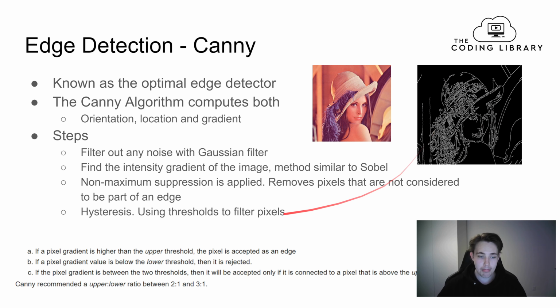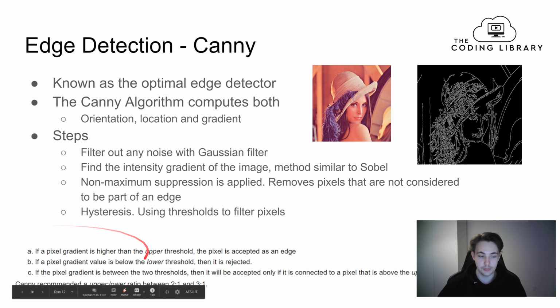It also uses hysteresis at the bottom here, where we use thresholds to filter out pixels. We have an upper threshold and a lower threshold. If the values are in between those, then we'll keep them under certain conditions, and if they're under the lowest threshold, then we'll discard them, and if they're over the upper one, then we know that this is certainly an edge, and we keep that as well.